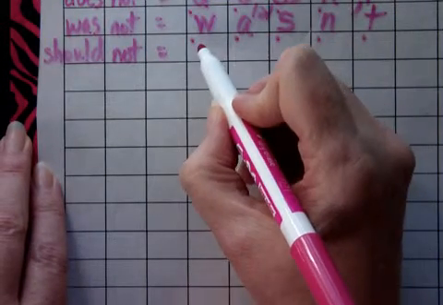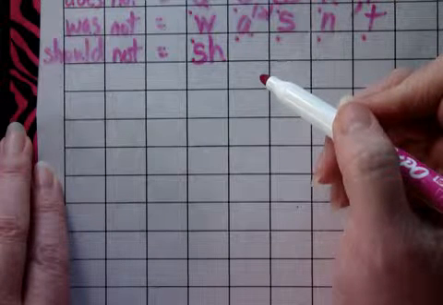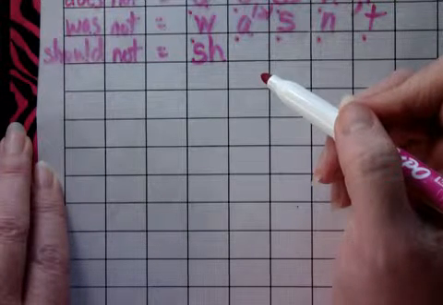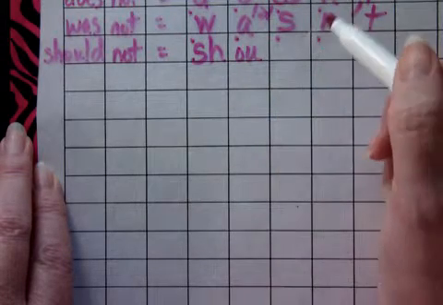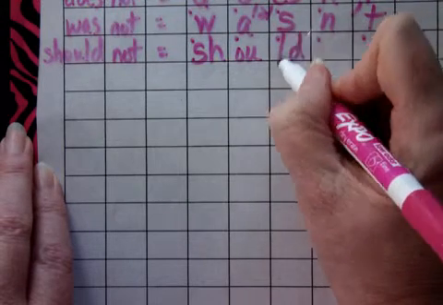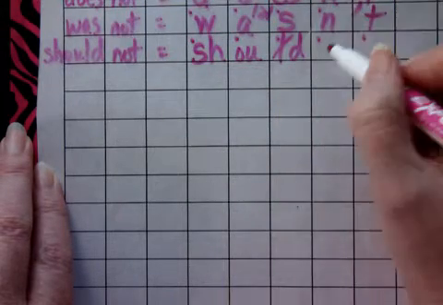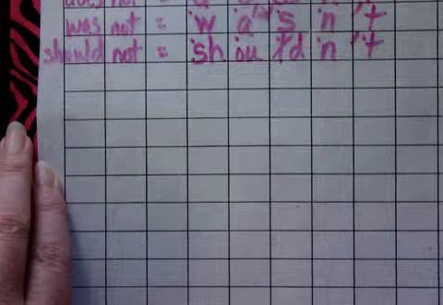Shouldn't. It's the SH digraph, two letters that make one sound, so it goes in one box. Sh. The vowel is spelled O-U. D. It's the D, but we have that silent L again. Should, apostrophe T. Should not is shouldn't.